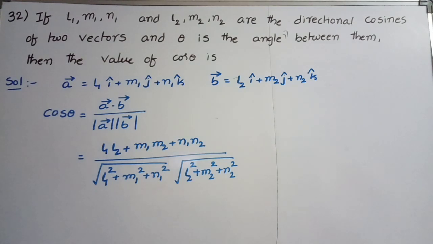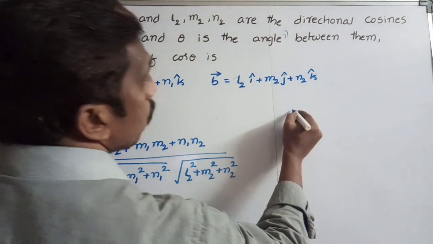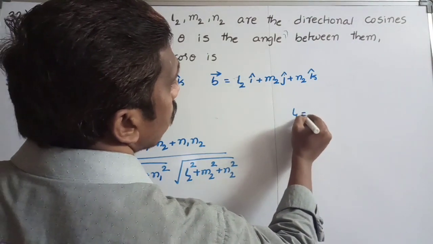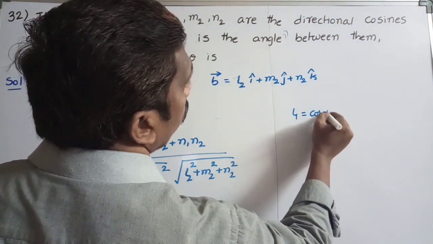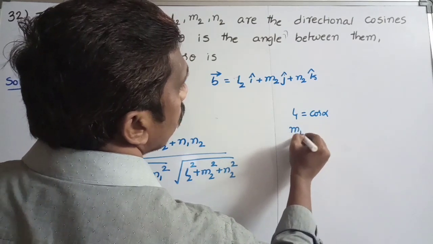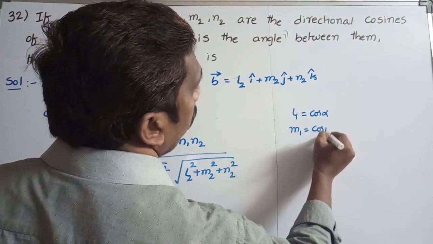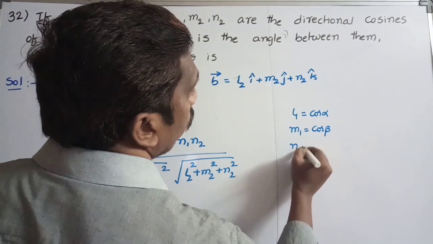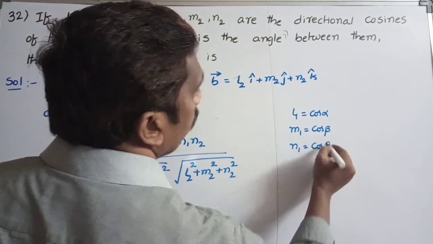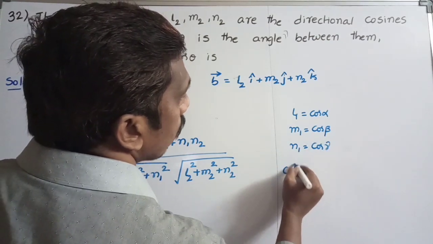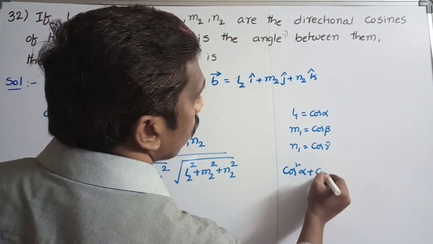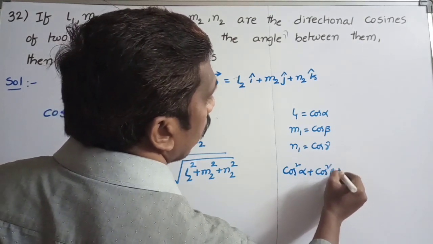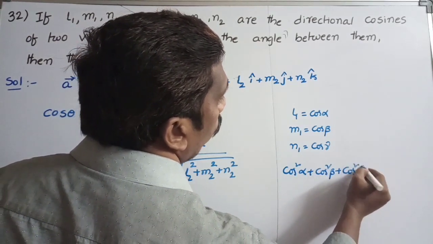But here L1, M1, N1 are the directional cosines. So from this we can write L1 is equal to cos alpha, M1 is equal to cos beta and N1 is equal to cos gamma. We know that cos square alpha plus cos square beta plus cos square gamma is equal to 1.